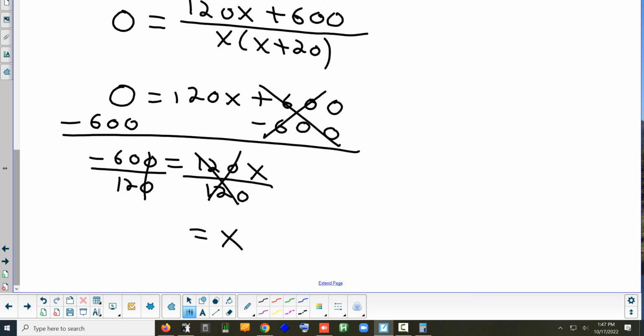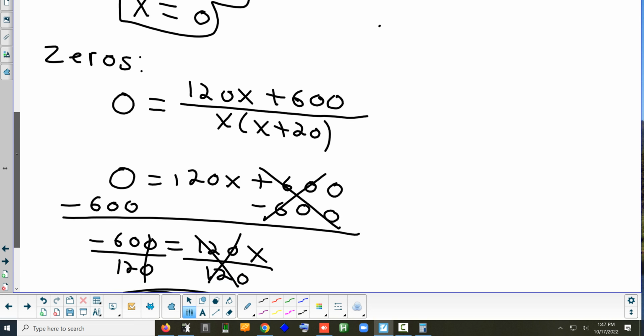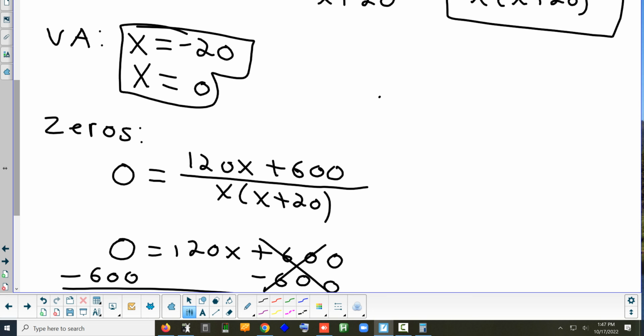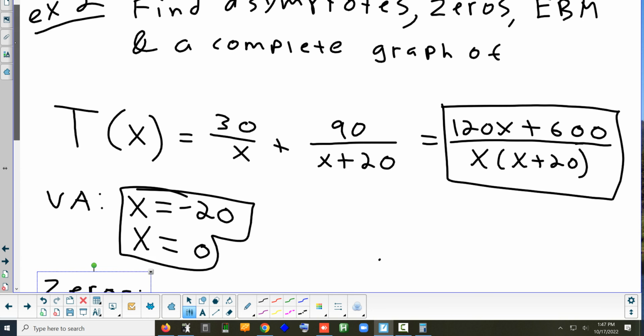And what do I get for negative 60 divided by 12? Yep. 5. What is it, positive or negative? It will be a negative. Negative. There you go. And you can check it by plugging it back in, but that works. Negative 5 is the 0. What else do they want?